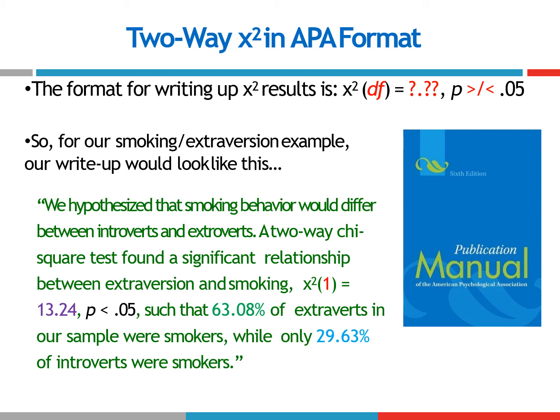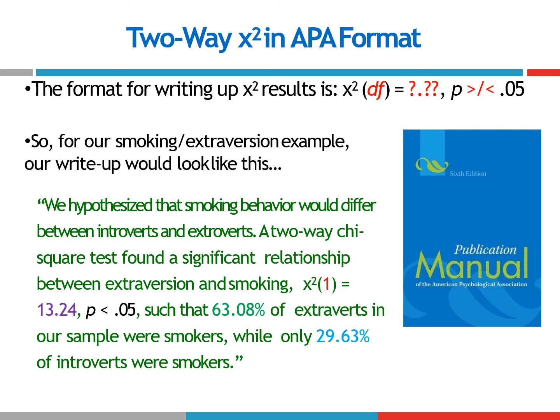Okay, so again, it's all the same formula. If you have a hypothesis, you would state the hypothesis. Then you would indicate the type of test you conducted. Then you would report the results of that test in terms of your obtained statistic, in this case your obtained chi-square value, your degrees of freedom, and whether or not your p-value is less than or greater than 0.05, because that's going to indicate significance.